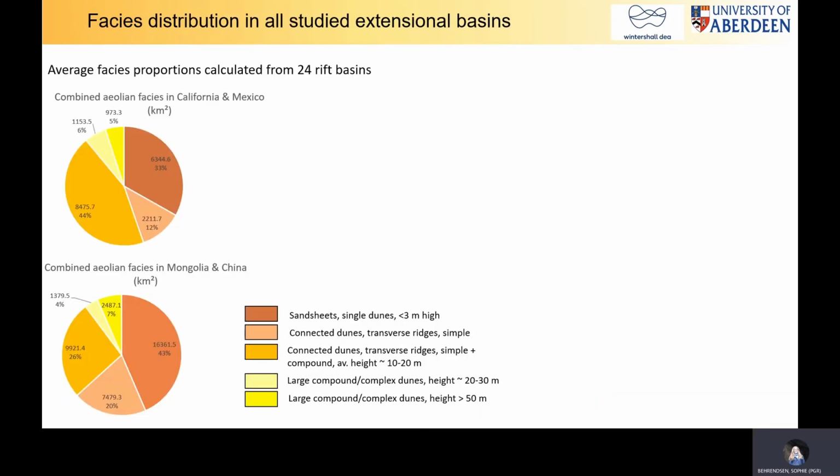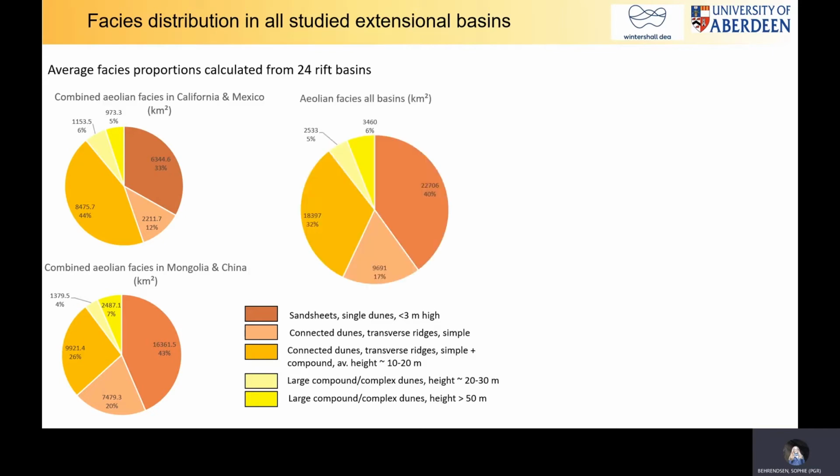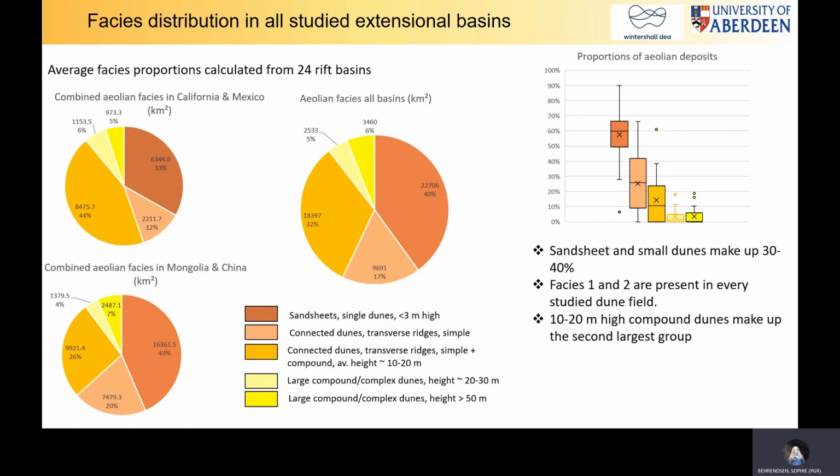So if we then just focus on the aeolian facies, a third or 40% is made up of sand sheet deposits and small single dunes. You can see that here, and the second largest group are compound dunes. And in general, every dune field we studied contained facies 1 and 2, and then when there was a larger sand supply, we would have larger dunes and compound dunes, which would be facies 3 to 5.